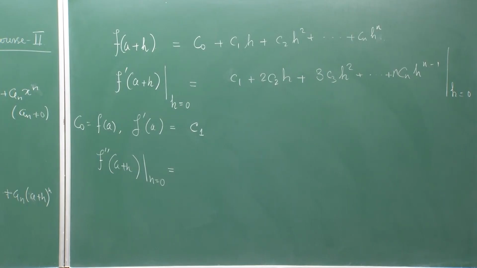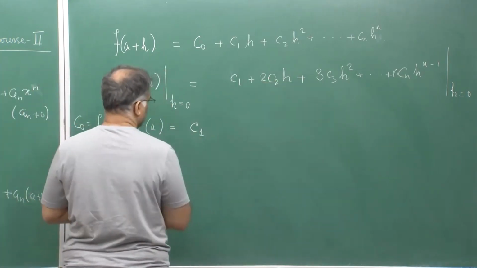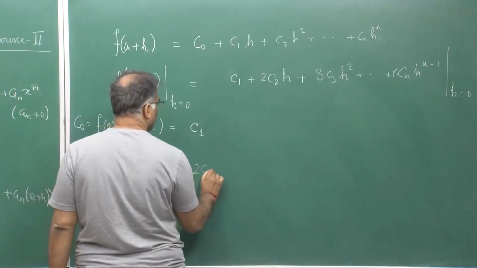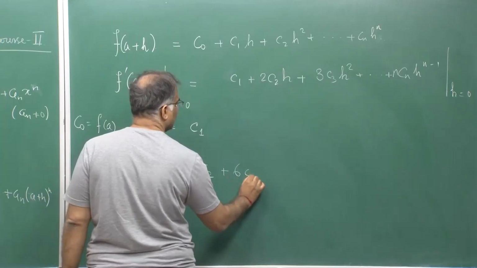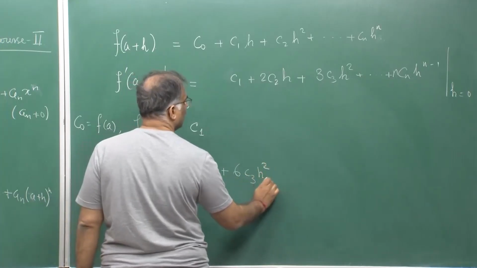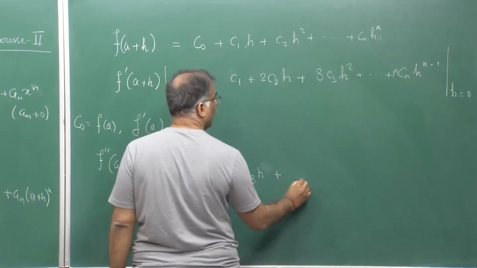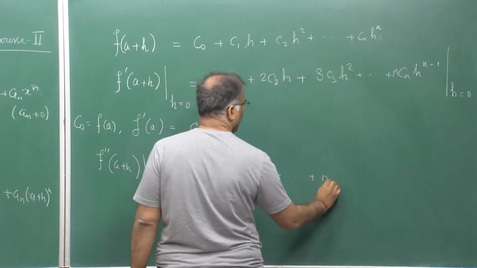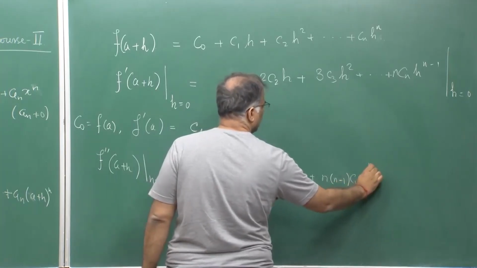Now, if I do the second derivative, I take the derivative of this. It will become 2 c2 plus 6 c3 h plus so on up to n(n minus 1) cn h^(n minus 2).